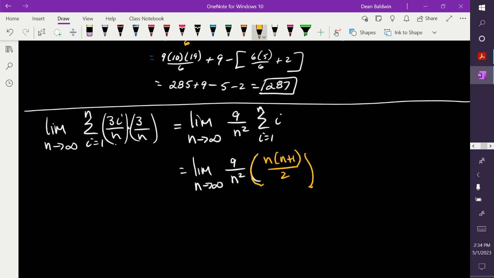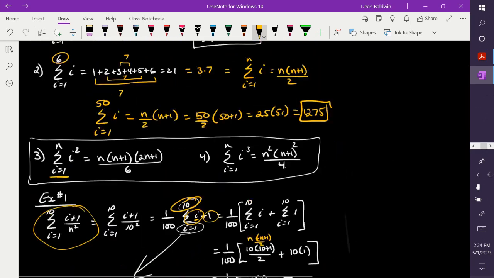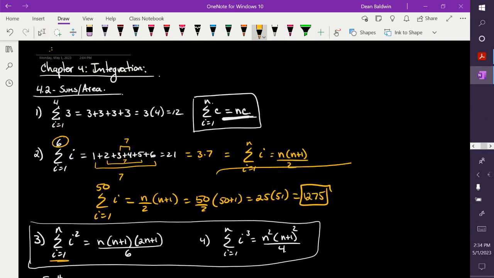So I get that. You just replaced the sum with this formula. Is it sort of like an identity? It's exactly like that.